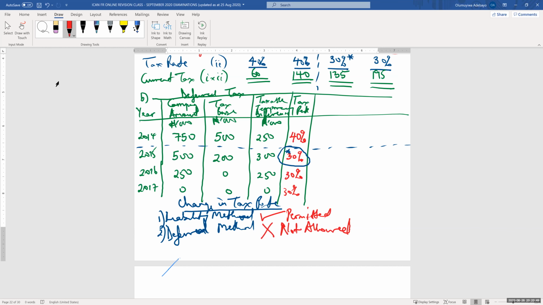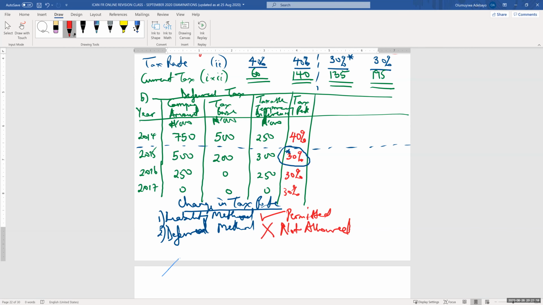But anytime you find a situation where the pronouncement is made in a year in advance of the effective date, for current tax, the new rate will take effect in the effective date, while for deferred tax, the new rate will take effect from the pronouncement date, which is a year ahead of the effective date. And in that simple light, we should be able to get that concept.